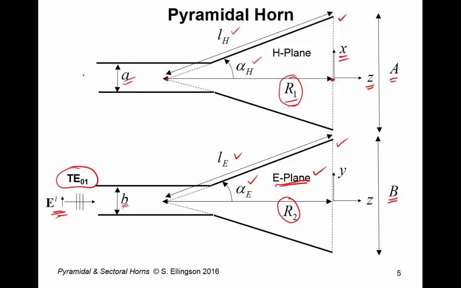So if I were to draw the same vector over here, it would look like this, the arrow pointing out of the page. And as before, this is the expression for the incident field in this case. It's y-hat polarized, some complex value related to the magnitude and phase of the source, and then this cosine pi x over a relationship.